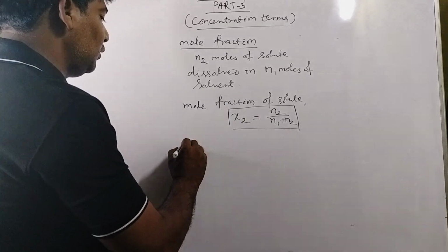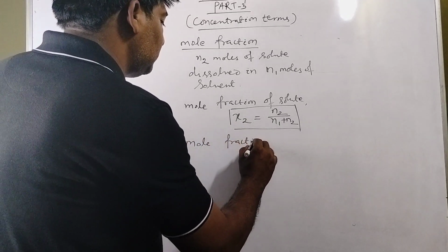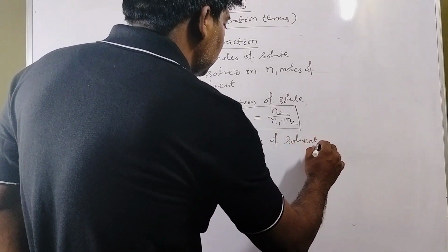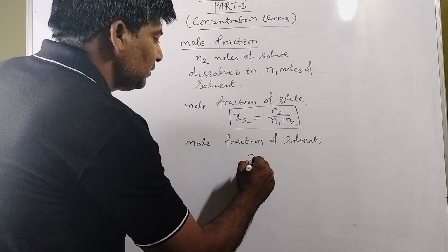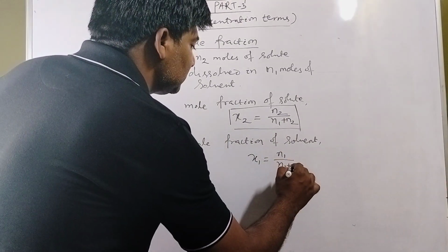And mole fraction of solvent is given by x1 is equal to n1 by n1 plus n2.